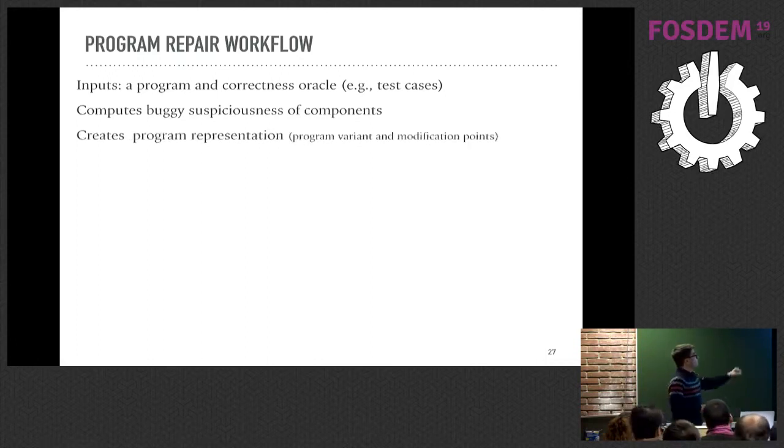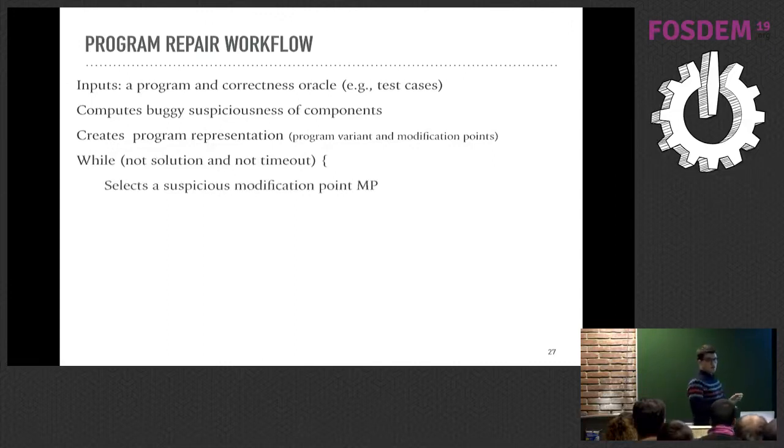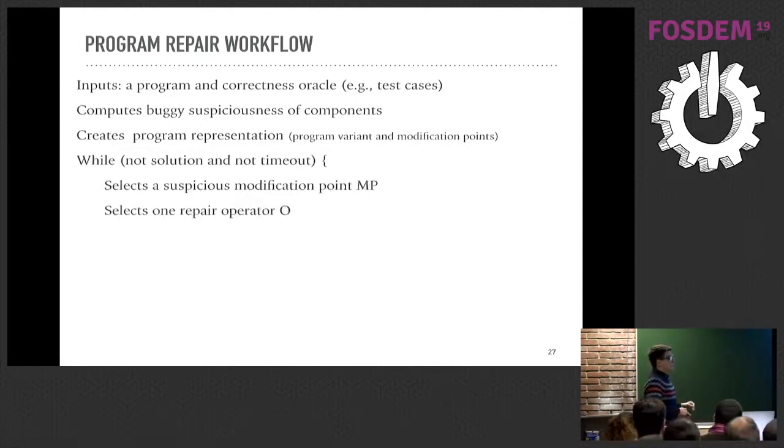Then it creates a program representation. Here we call the program variant a modification point. We'll see later. So, for a given amount of time, it selects one suspicious line. We call it a modification point. Then we select an operator.